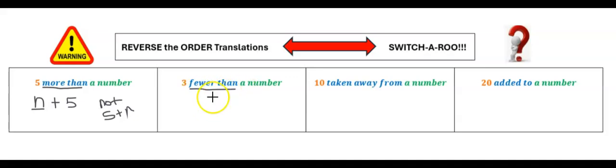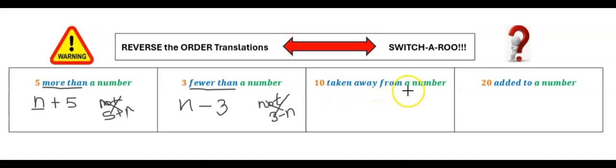So 3 fewer than a number, we have to start with the amount, the number n, and then we drop 3 from there. We have to go 3 below that. So this would not be correct if you put it as 3 minus n. That's not correct, just like this one's not correct. You have to know that we start with the amount n and we drop 3 from there.